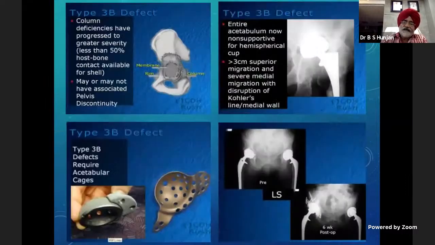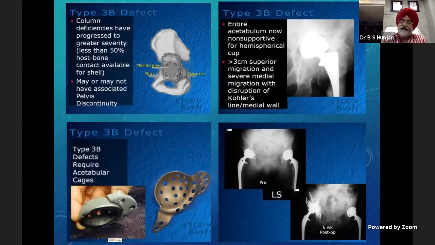Now, the 3B defect. A 3B defect is an outside defect, and we call it an up and out defect. The columnar deficiencies have progressed to greater severity, and less than 50% of the host bone is available for contact with the shell, and it may or may not have associated pelvic discontinuity.